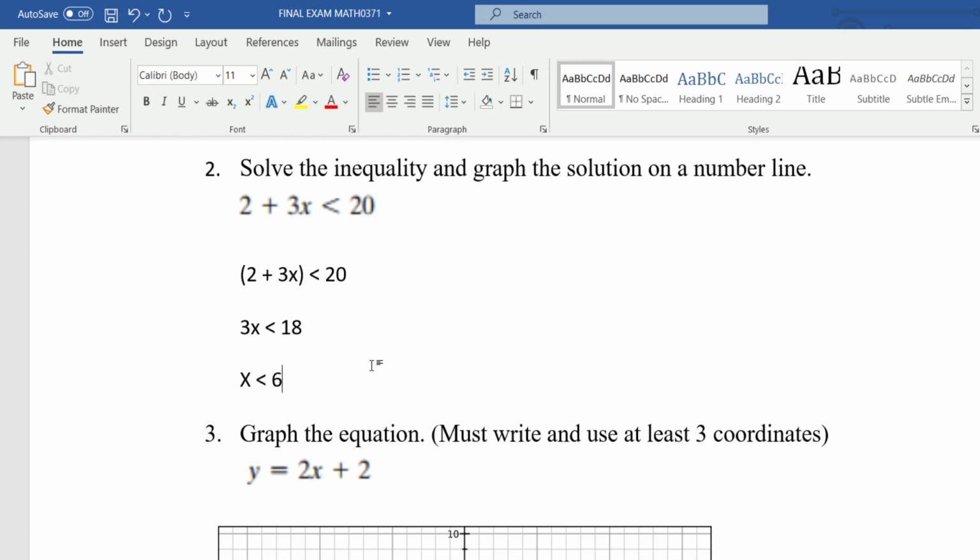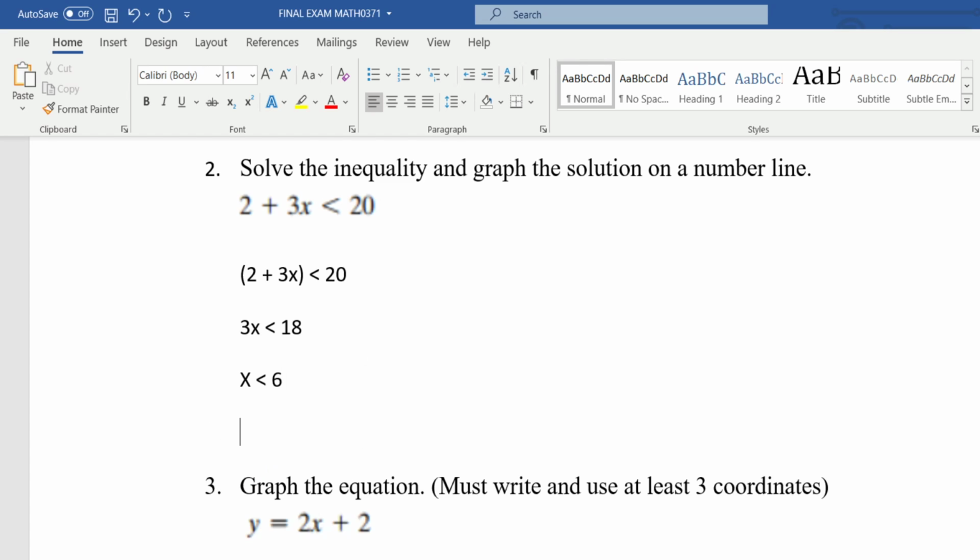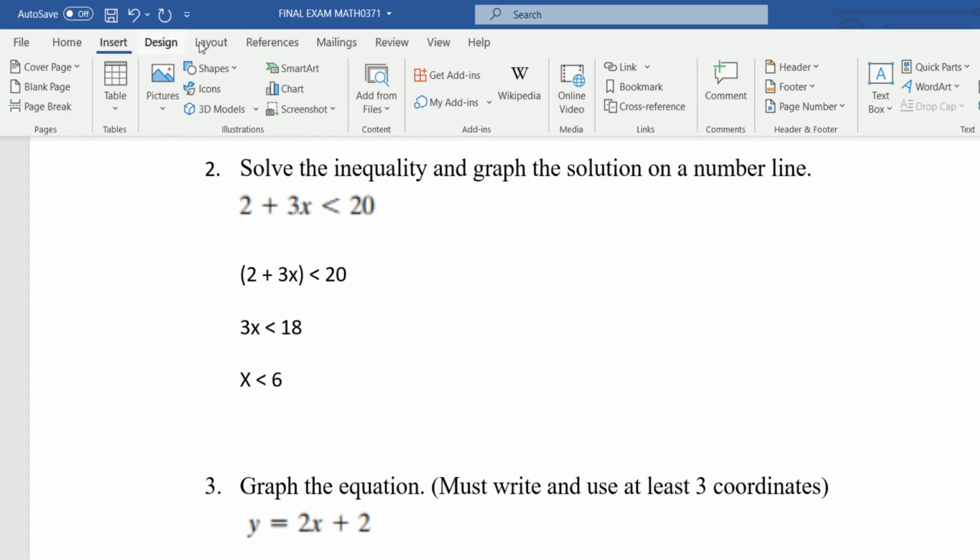And now you need to make a number line. I guess I can try to draw it here on the screen. Okay, so let's say you have a number line here.